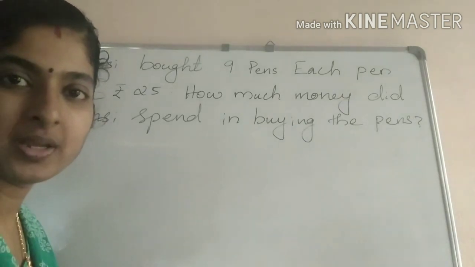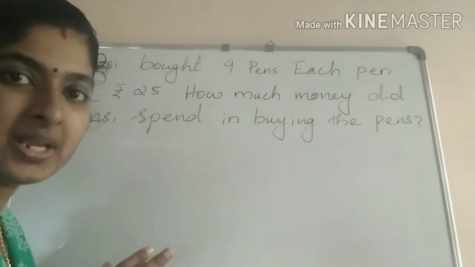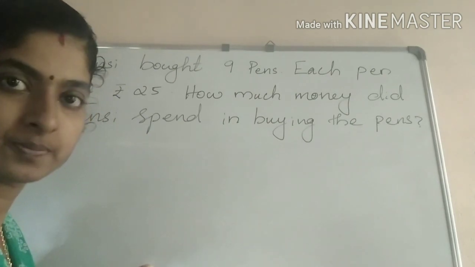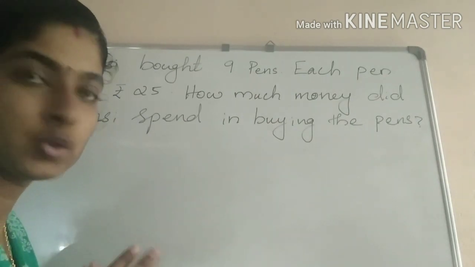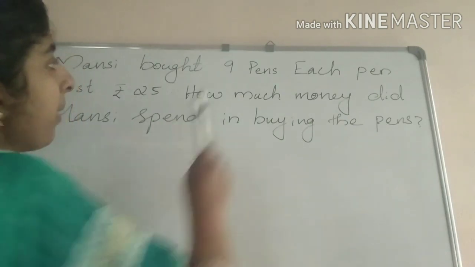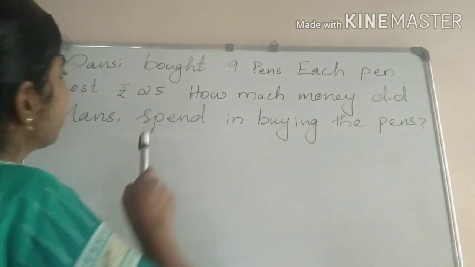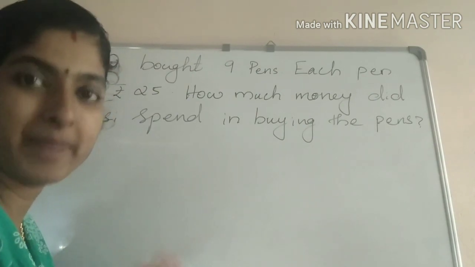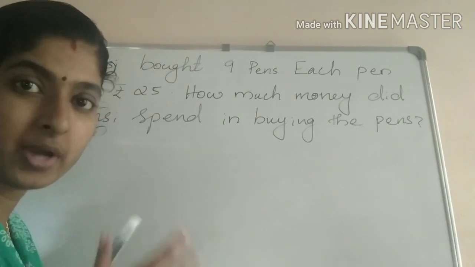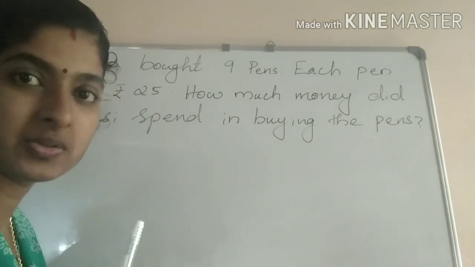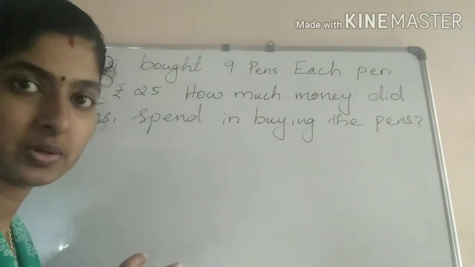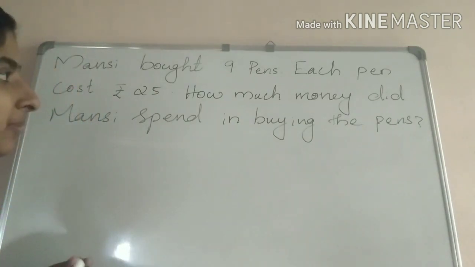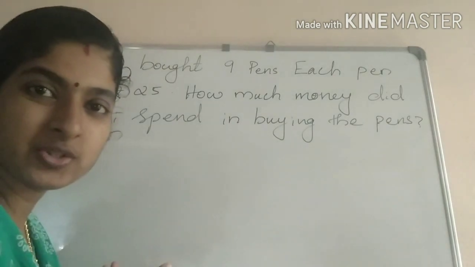Totally how much money did she spend? We find the total. Here the cost of one pen is given. We have to find the cost of 9 pens. One is given, we have to find 9 pens. That is multiplication.